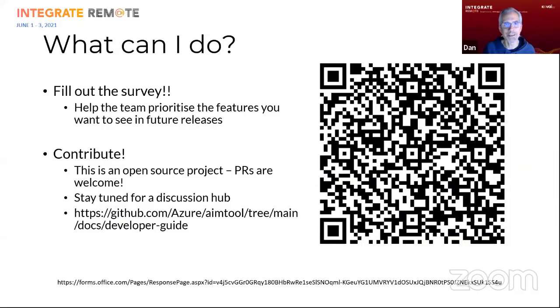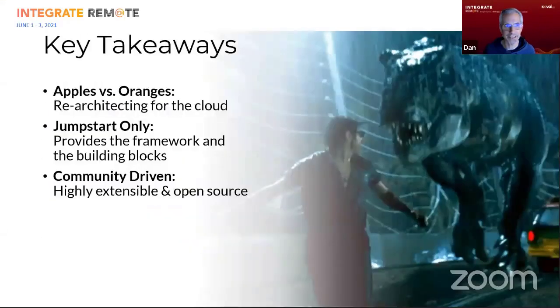What can you do? Definitely take this survey, because this is how the team is going to prioritize the features that they start adding. And if you're a developer and want to get your hands dirty, start contributing to the project. They would be happy to accept pull requests for new features. I've given you a bunch of references and the key takeaways.